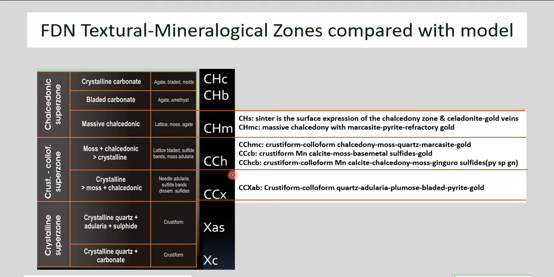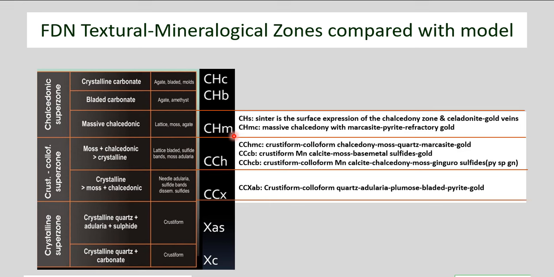In the chalcedony marcasite zone, where the chalcedony was massive, that corresponds with the massive chalcedonic zone in the general model. And the celadonite with chalcedony is an extension of that into the sinter zone.